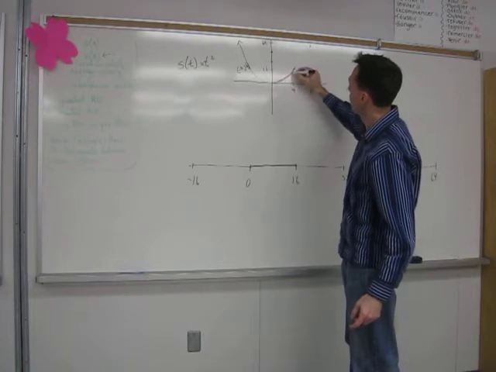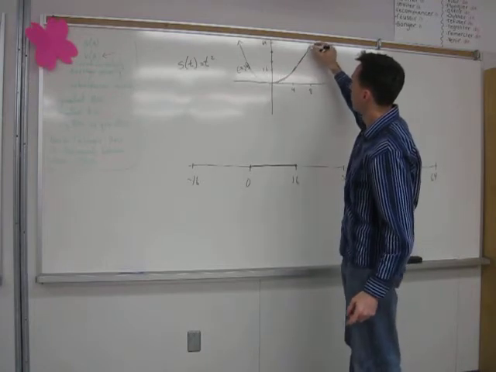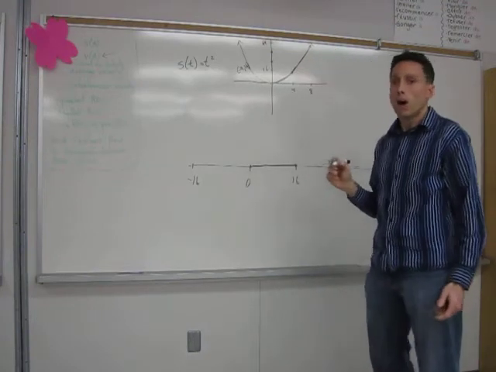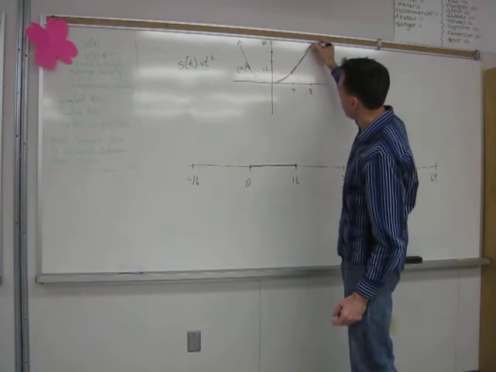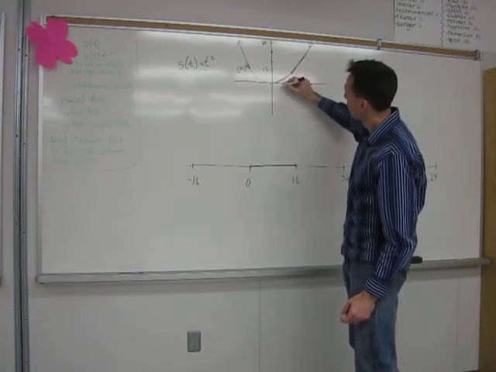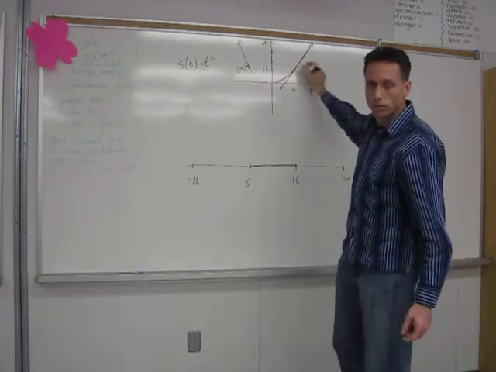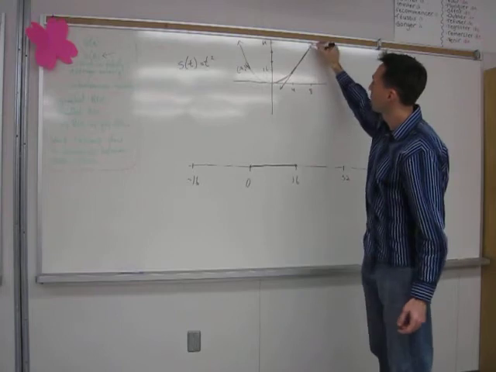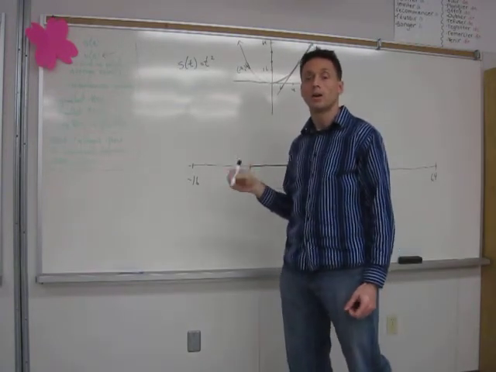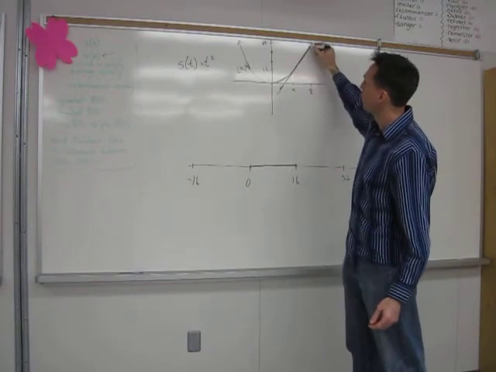So this parabola, there we go. And we're saying, on average, what is the rate of change from 4 seconds to 8 seconds? So if I draw a straight line through there, instead of a curve, the slope of this straight line represents the average rate of change from this point to this point.